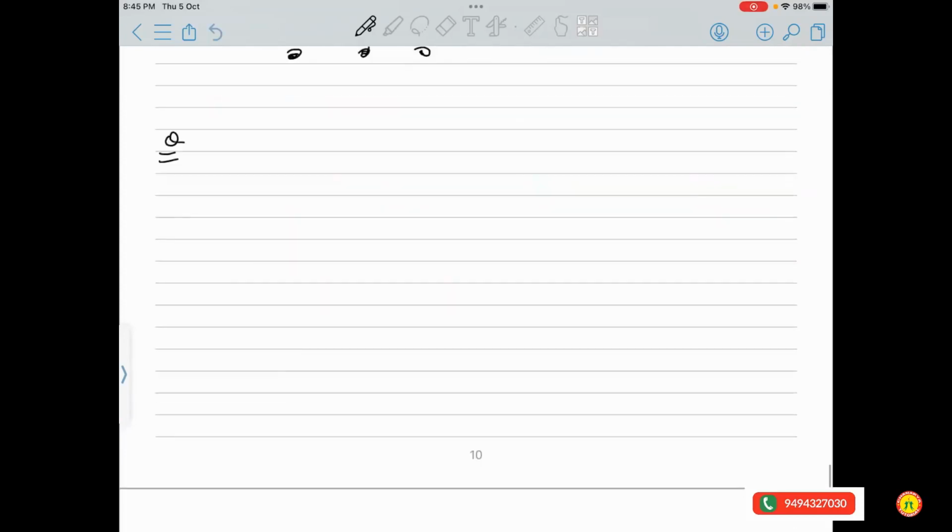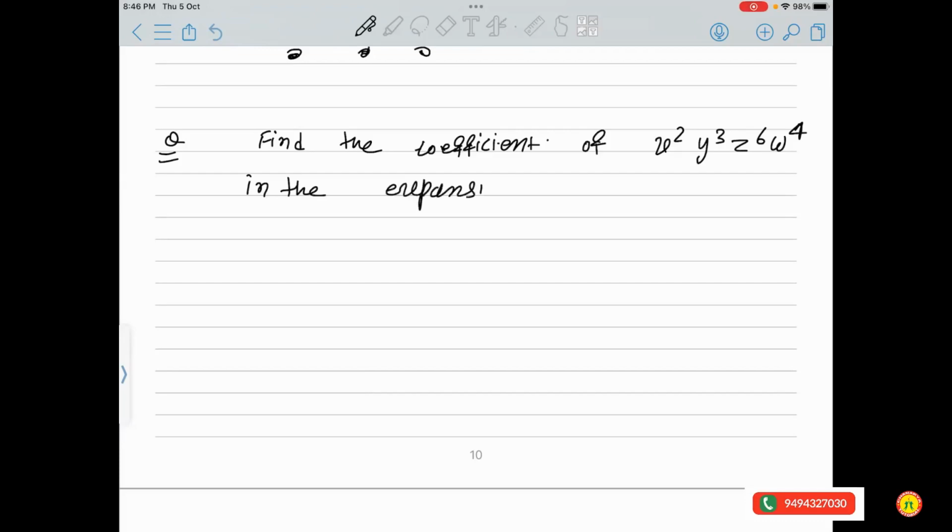In the expansion of, question is: find the coefficient of x square y cube z power 6 w power 4 in the expansion of (x plus y plus z plus w) power 15.